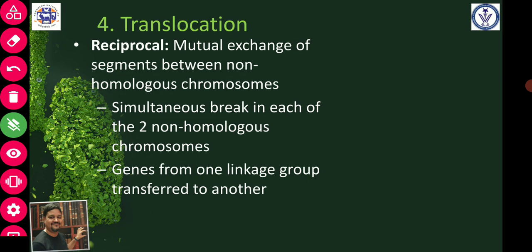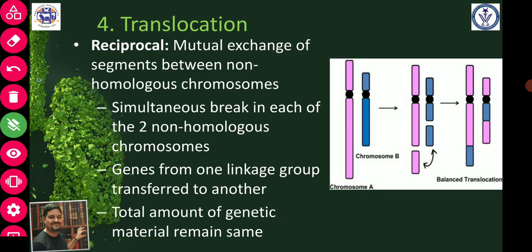So in this case, genes from one linkage group are getting transferred to another linkage group, because there is involvement of two non-homologous chromosomes. But the amount of genetic material will remain the same. So there will be only rearrangement. This is an example of balanced chromosomal aberration.